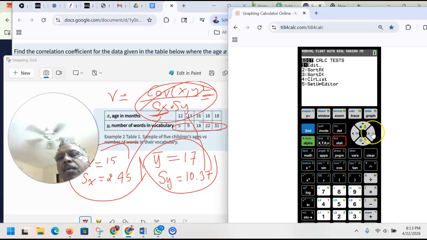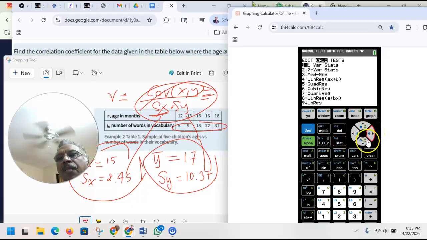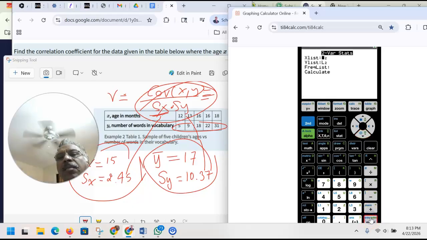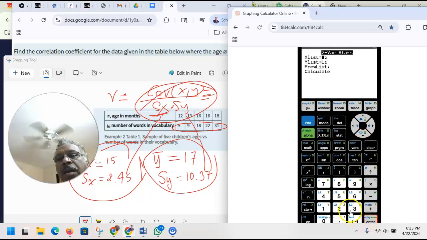Now we want to go to the next, second, and I want to know what the coefficient of correlation is. So if I want to know, we go to second, two, enter, and that should be L1, right? The first one.